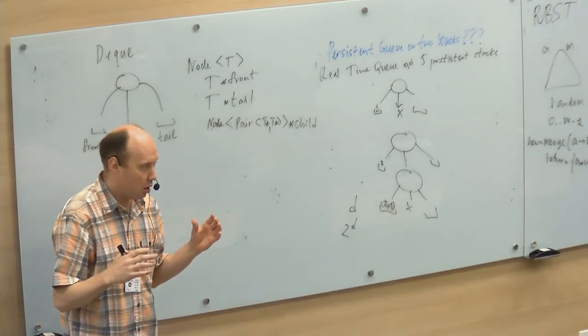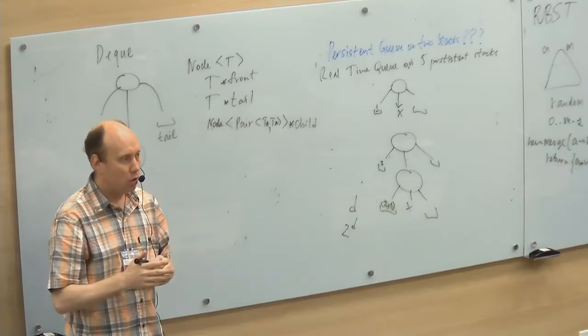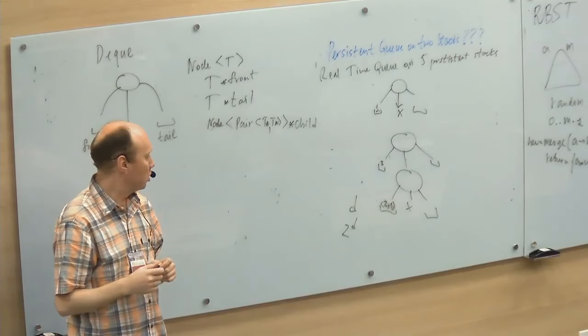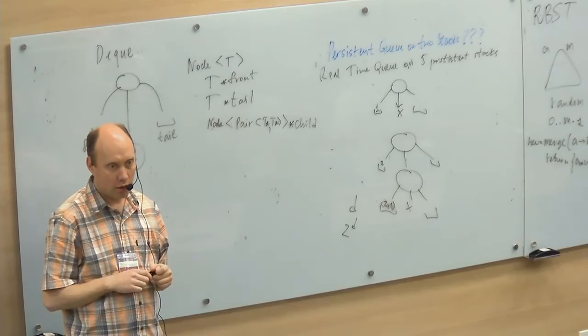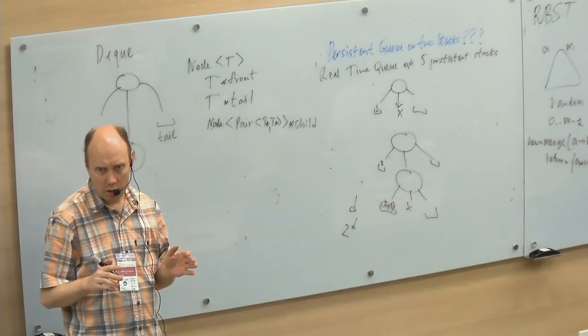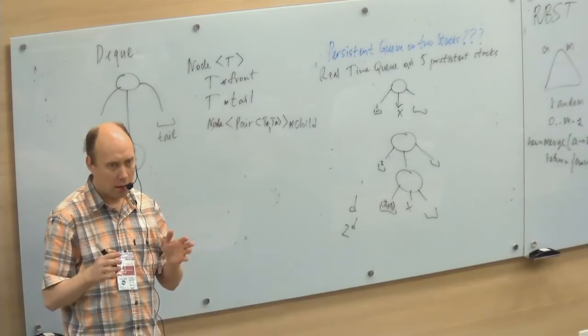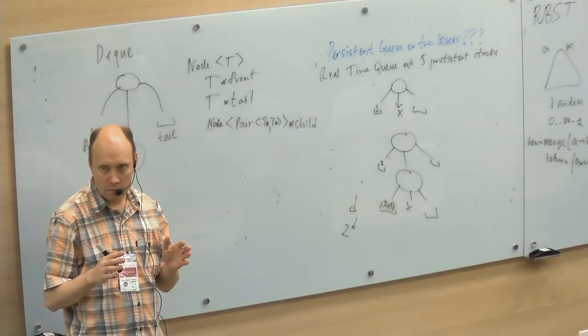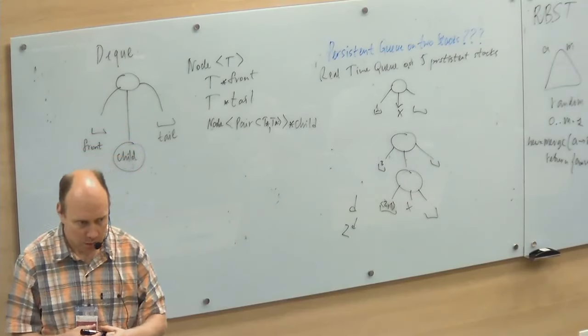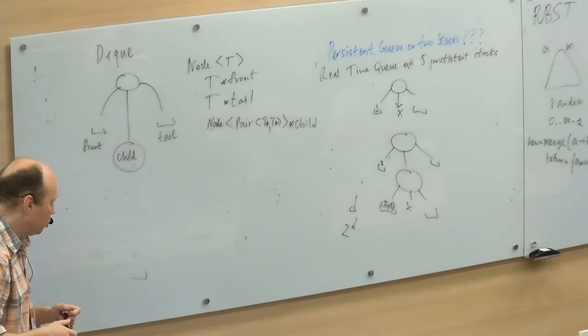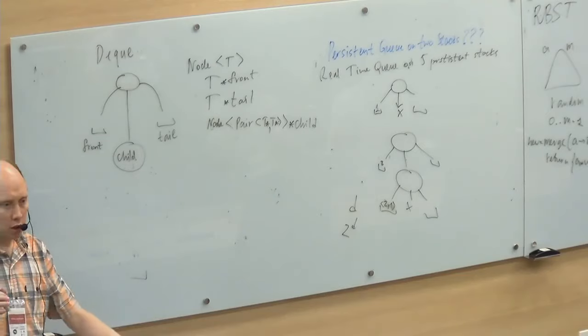So you can go down at most a depth of logarithm of the number of elements in your structure. Okay? Now how do we pop from this? In a similar way, although there is some small trick.